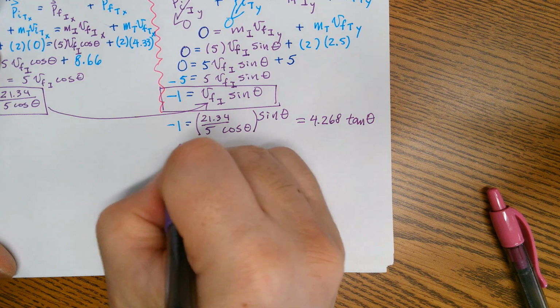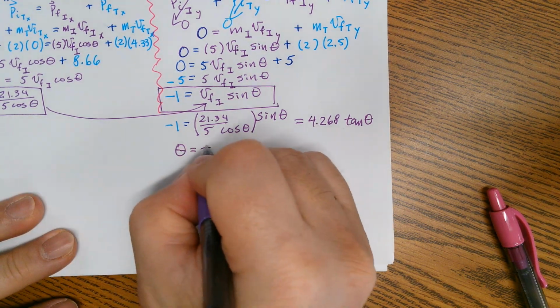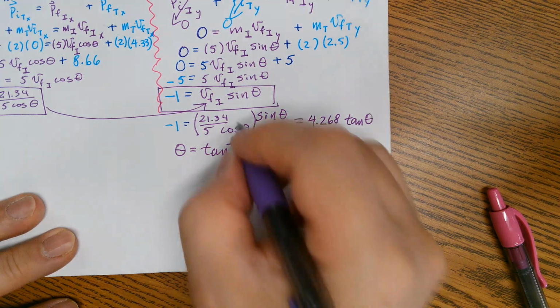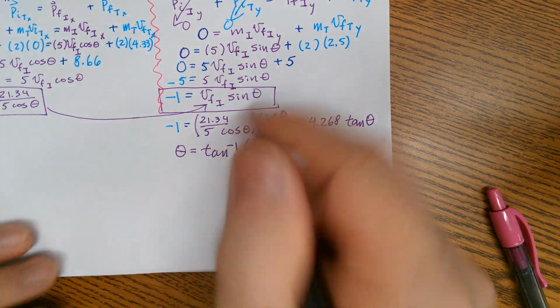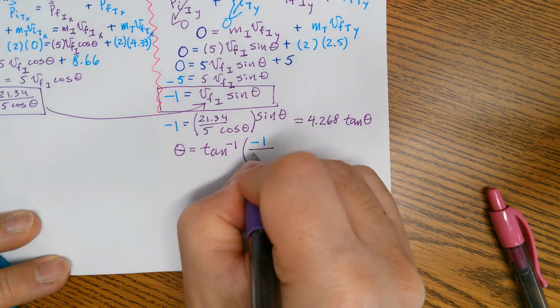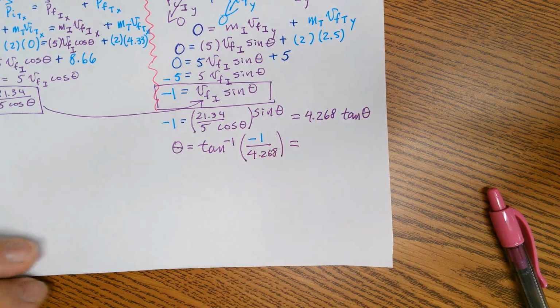So my theta is equal to tan inverse of negative 1 over 4.268. So what's my angle?